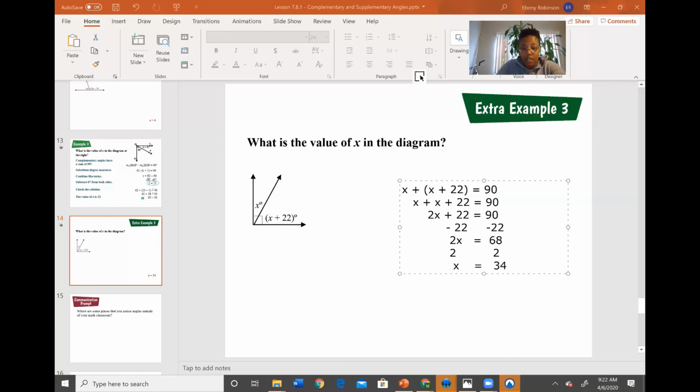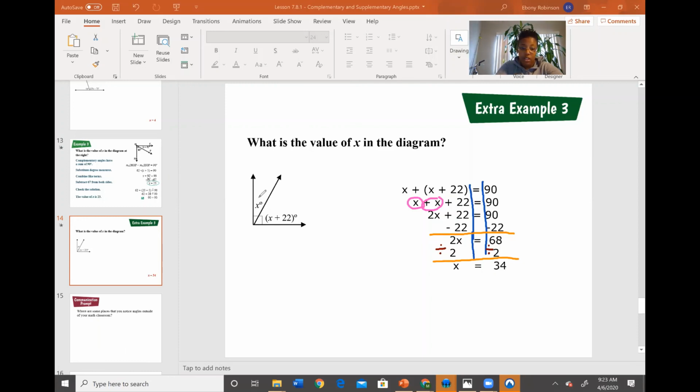Just draw in a few things that I need to draw in. There you go. So now I know what x is, so now I can plug that in and find the value.